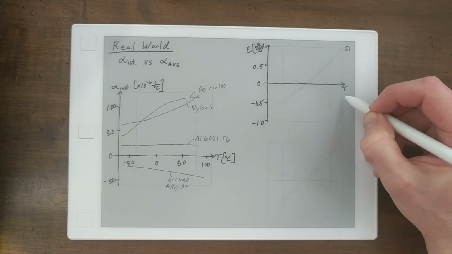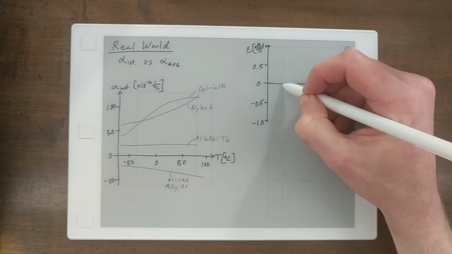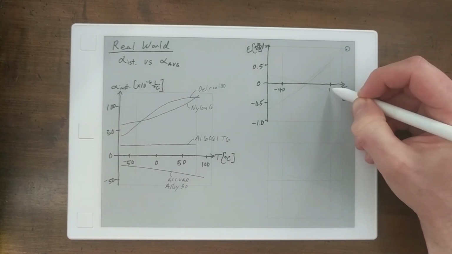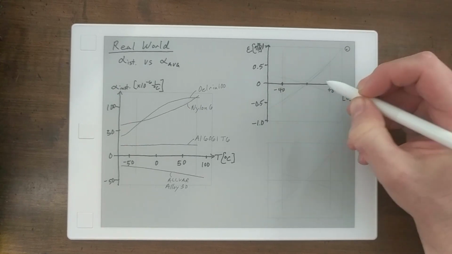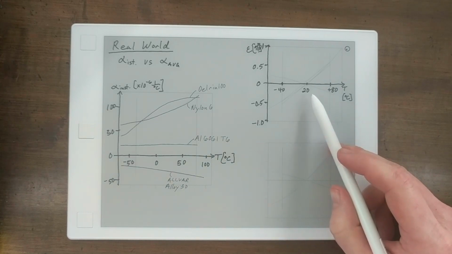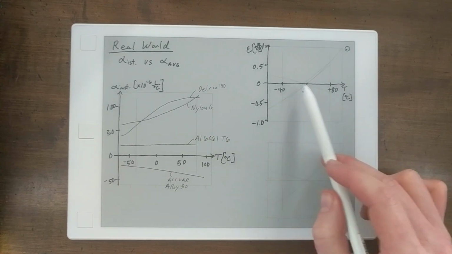And this is temperature, again in degrees Celsius. This is -40, this is +80, and this is 20 degrees Celsius. So we're looking at room temperature approximately plus or minus 60 degrees C.